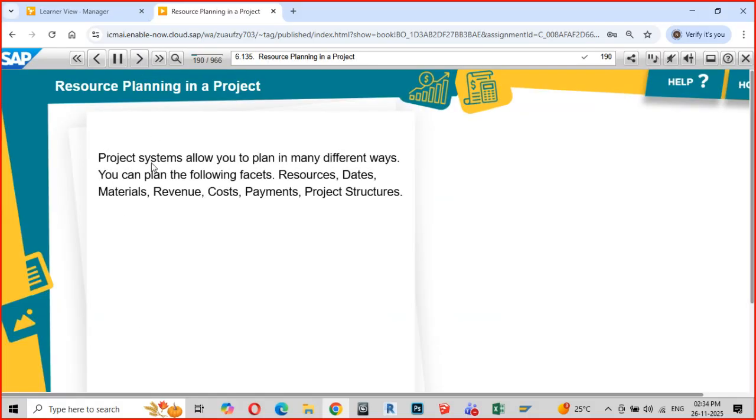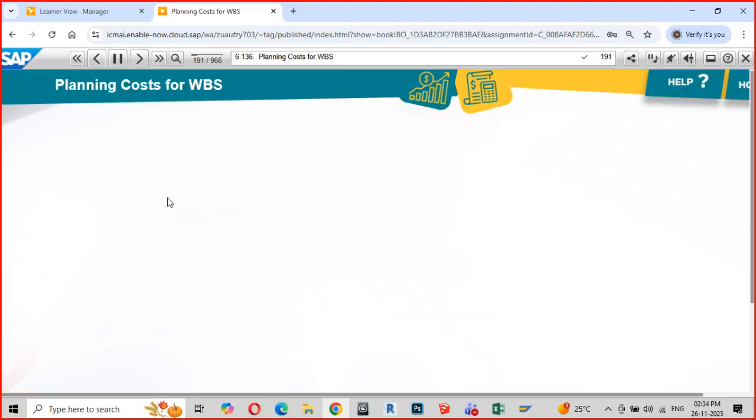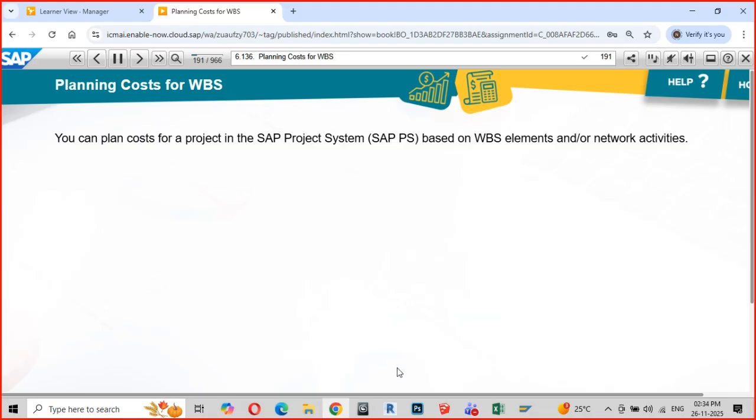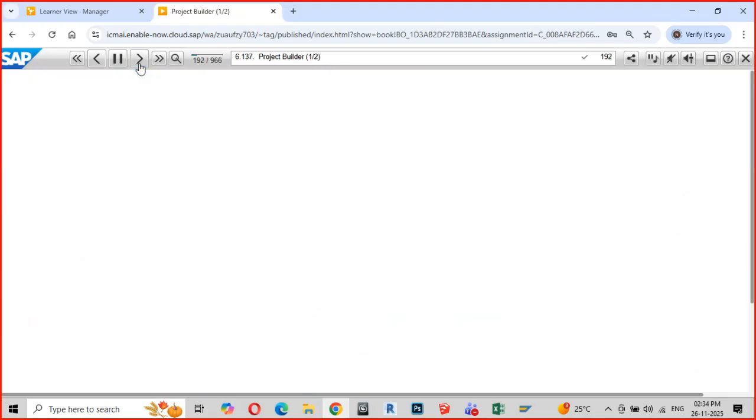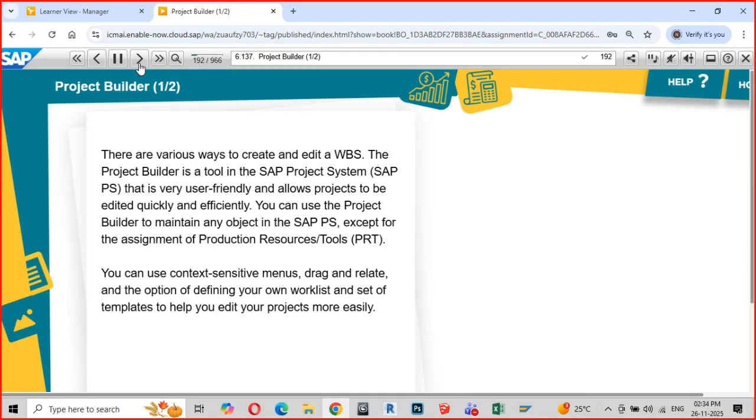Resource planning in a project. Students, please go through this. Okay. You don't have to understand each and every letter. It does take time for you to understand. Give yourself some time to understand. Not at all a problem.